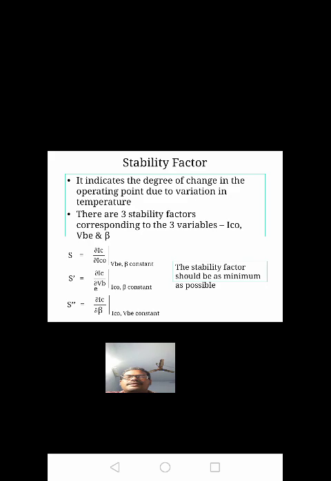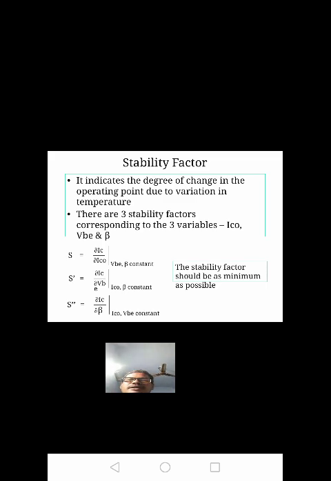Stability factor. It indicates the degree of change in the operating point due to variation in temperature. There are three stability factors corresponding to the three variables ICO, VB and beta. Stability factor S is equal to dou IC by dou ICO, with VB and beta constant.